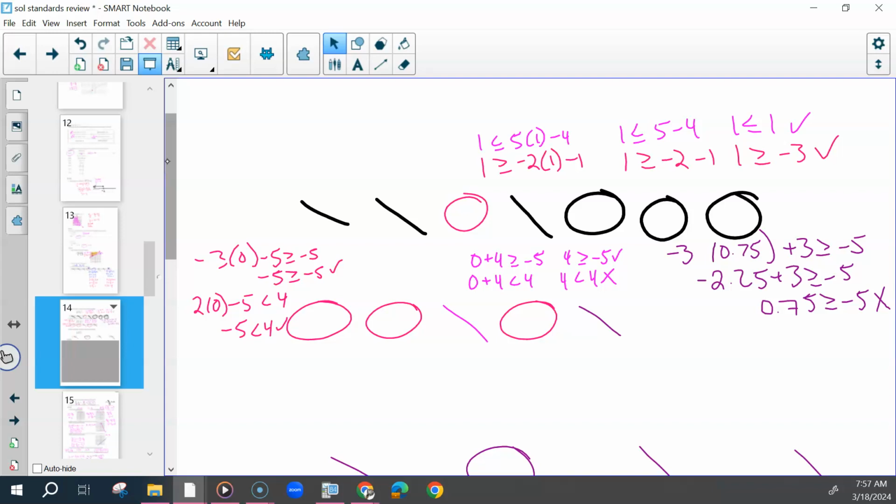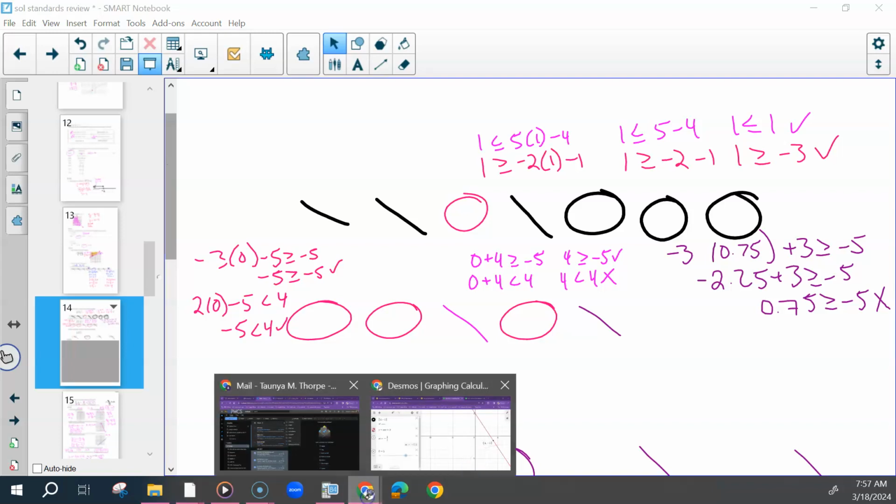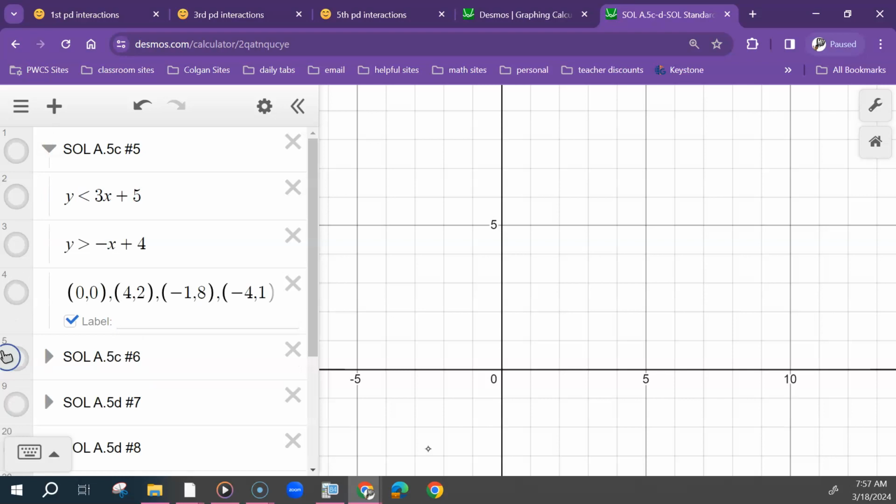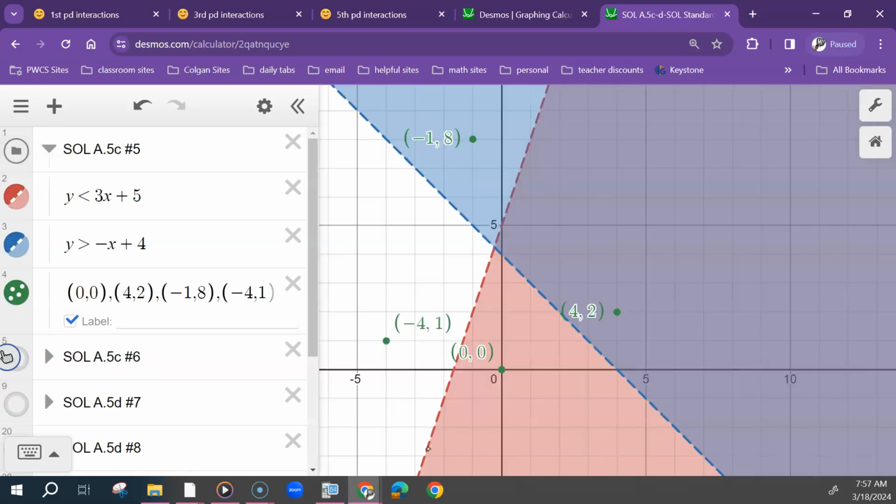Really quickly, I'm going to show you how you would check this in Desmos. All the systems ones, all the inequalities ones, graph those, put the points. You can look and see which one falls in the shaded area.